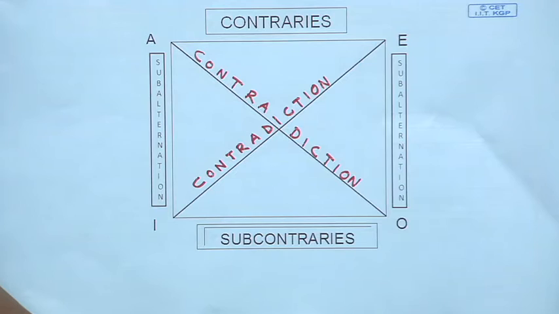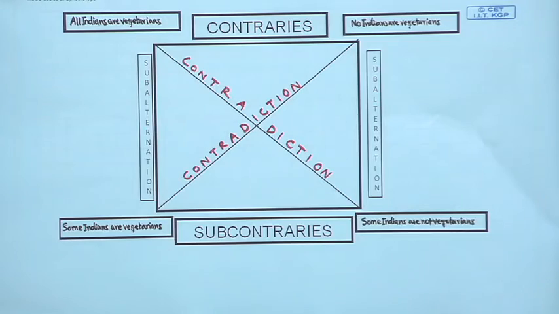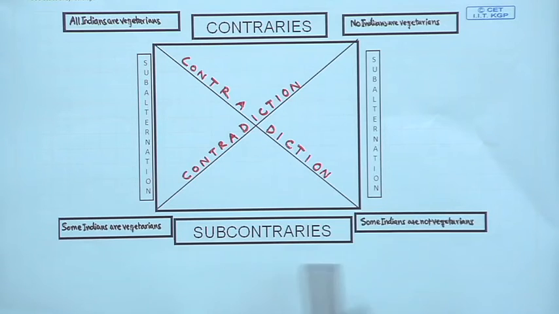I have taken actual examples to show, so that we understand this better. Suppose instead of schematic A, E, I, O, we put actual categorical propositions here. Maybe it might help you to understand it better. So, here for example, all Indians are vegetarians, no Indians are vegetarians, some Indians are vegetarians, some Indians are not vegetarians.